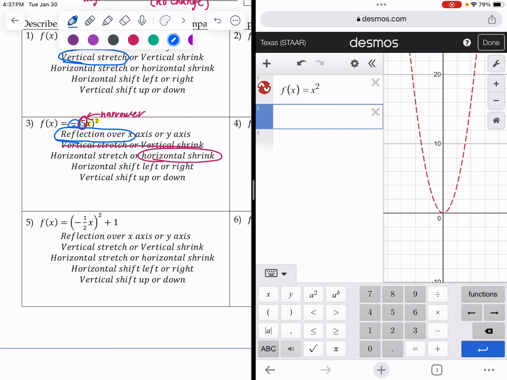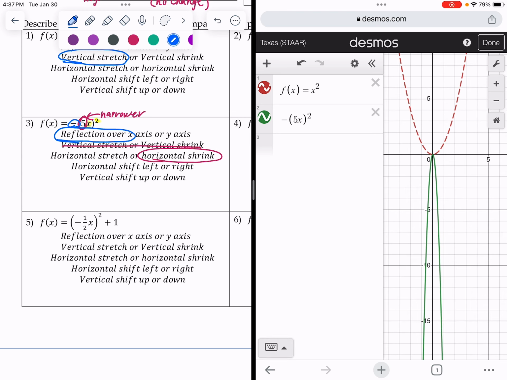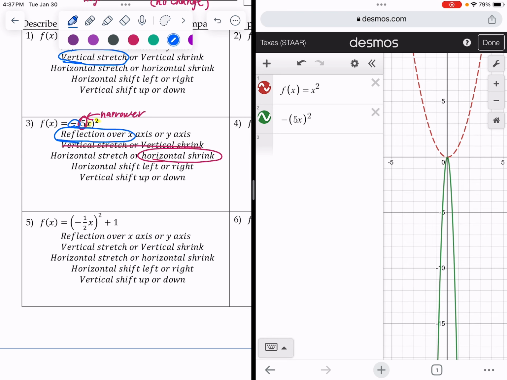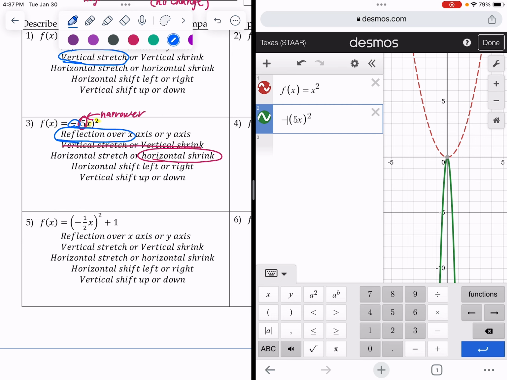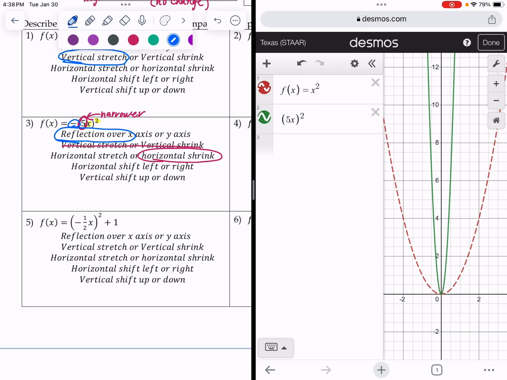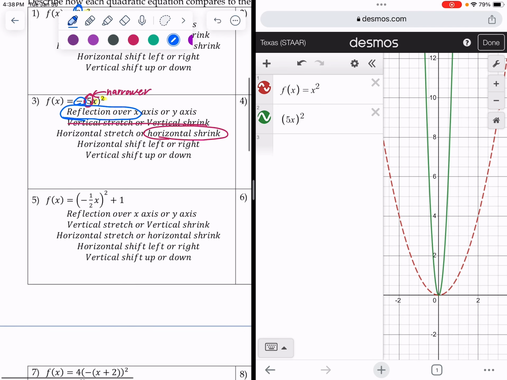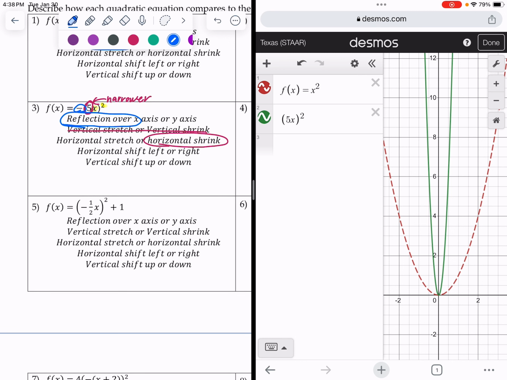And so if I don't know my transformations, I'm going to graph that. And I see that the green one is reflected. And as soon as I see that it's reflected, I delete the reflection so I can compare whether it's narrower or wider. And so I can tell it's narrower. And because that 5 is inside the parentheses, I'm going to call it a horizontal shrink rather than a vertical stretch.